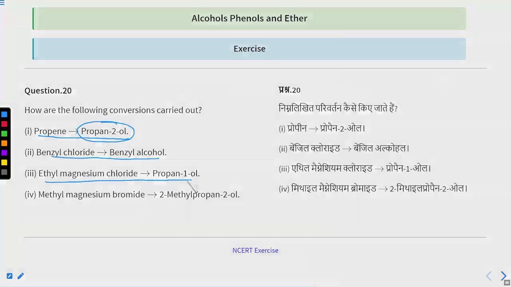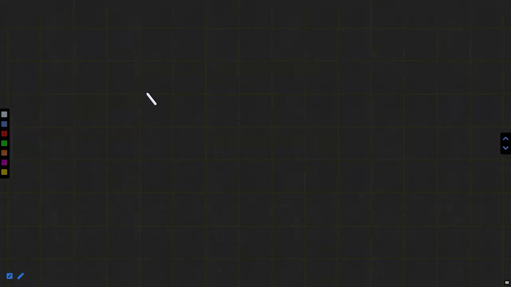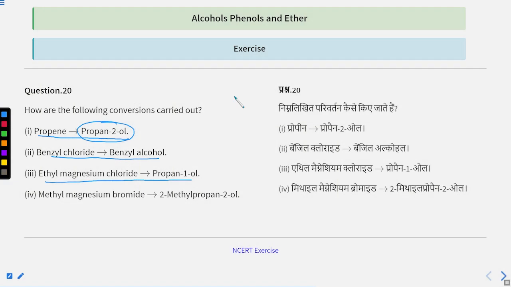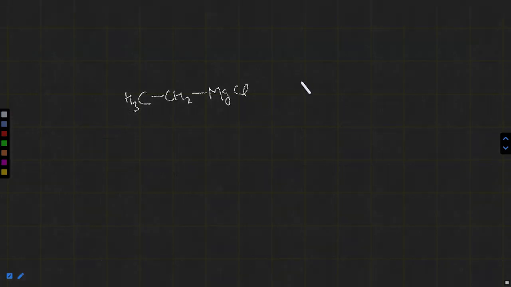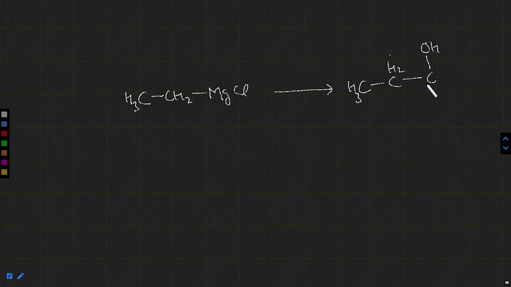Ethyl magnesium chloride to propan-1-ol. First, write the structure of ethyl magnesium chloride. And what we have to form? We have to form propan-1-ol. Here is 3H, here is 2H and here is 2H. So this we have to form.